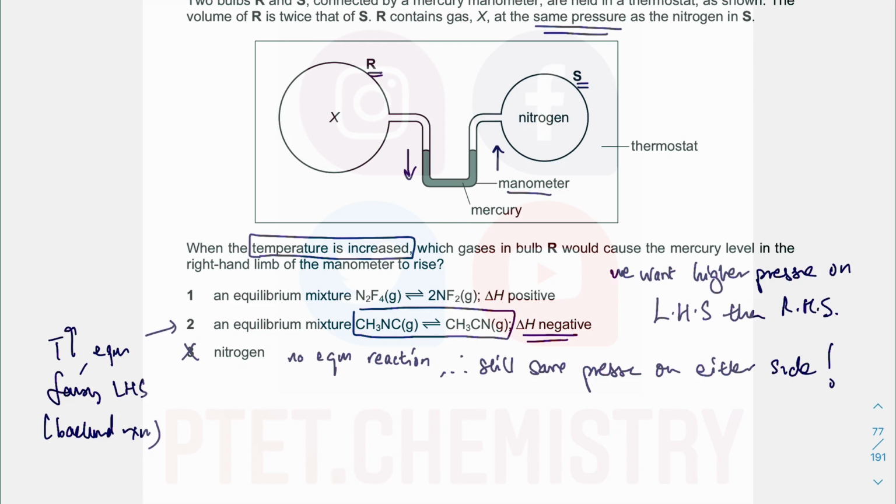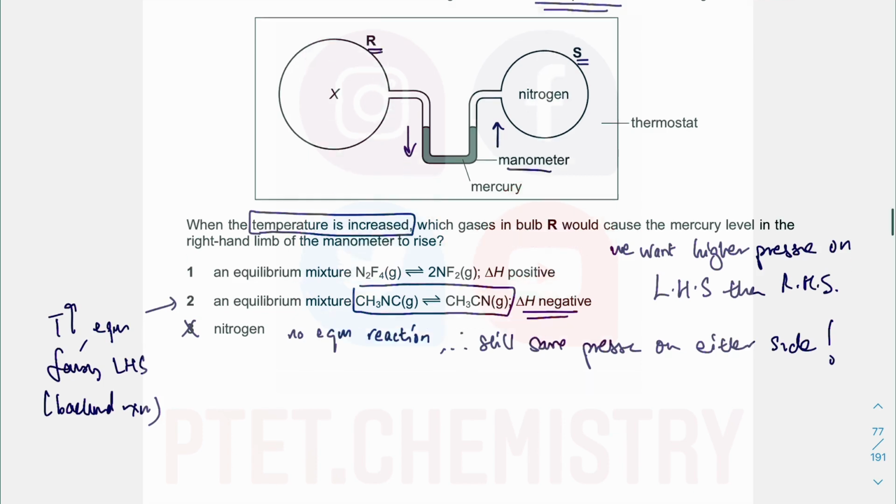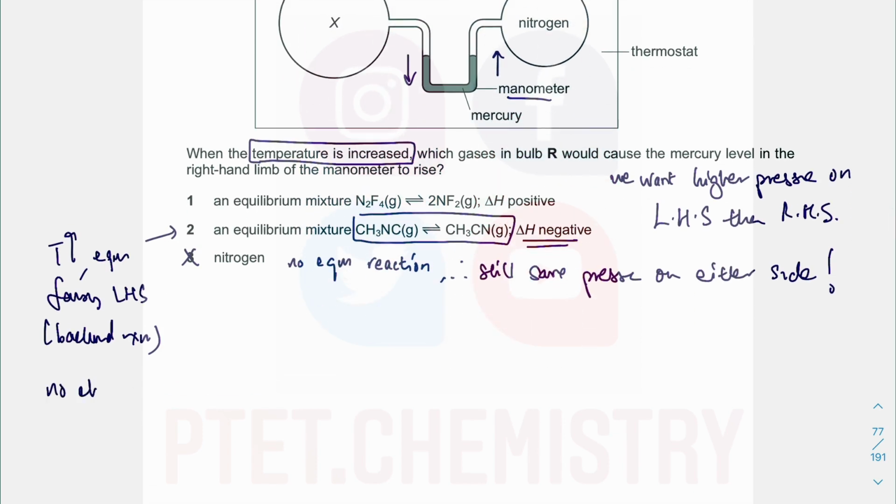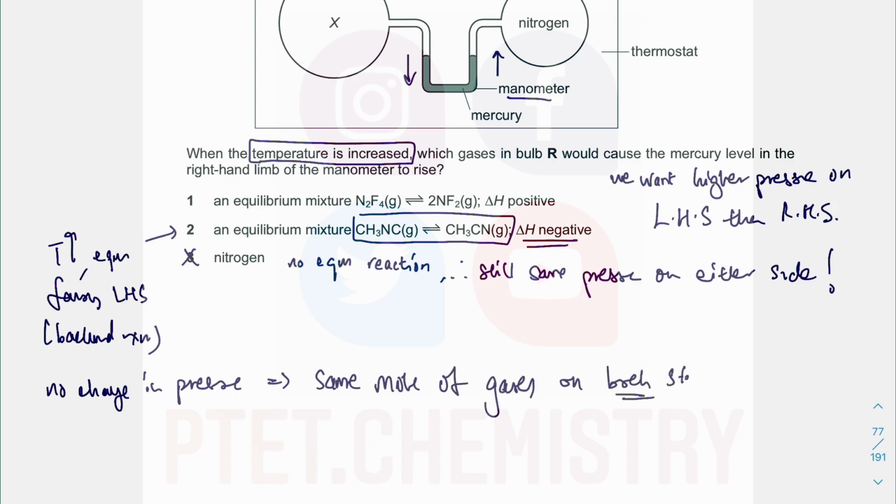Okay, so even temperature increase, favor backward reaction, no change in pressure, because you have same mole of gases on both sides of the equilibrium equation. 1 mole here and 1 mole there.